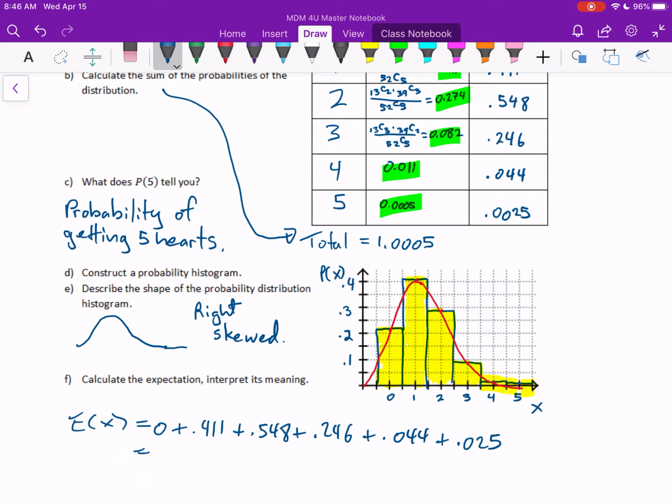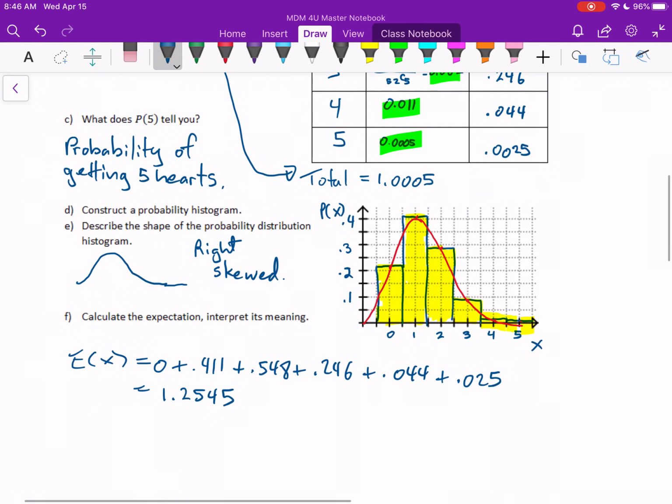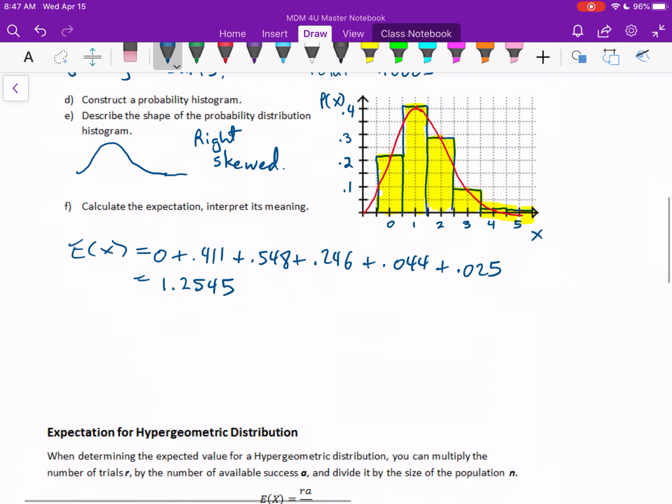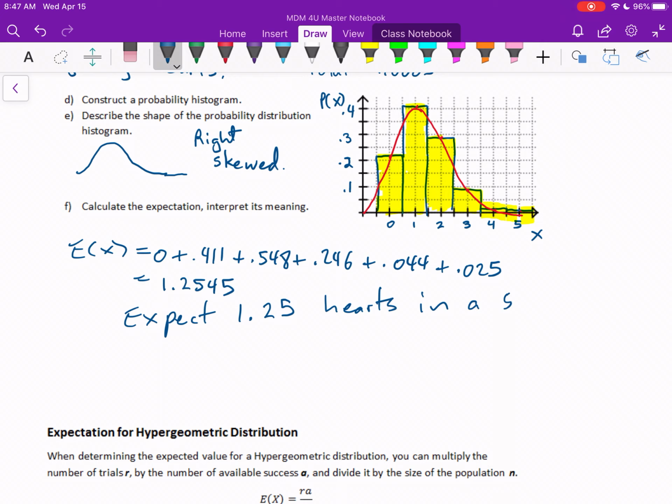And when I do all of that, I get 1.2545. How do we interpret that? Well, what that says to me is that we should expect about 1 1/4, about 1.25 hearts in a 5-card hand.